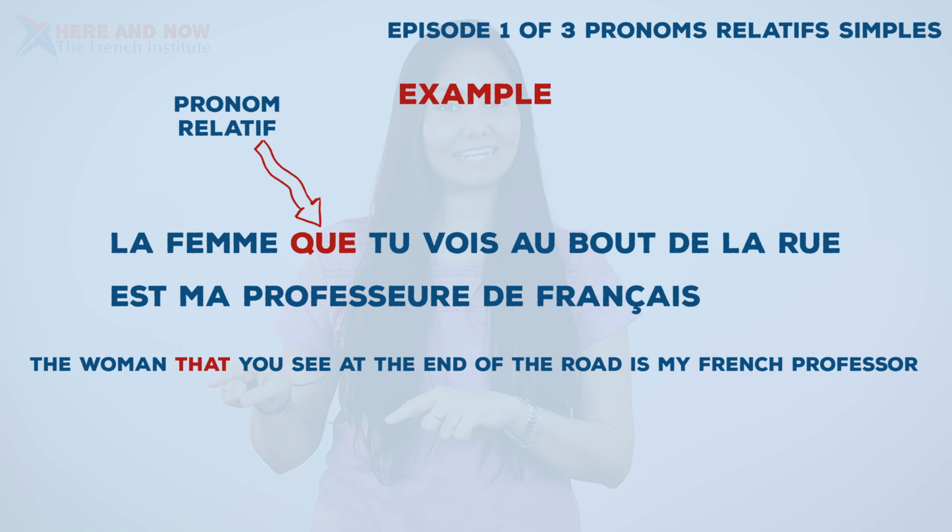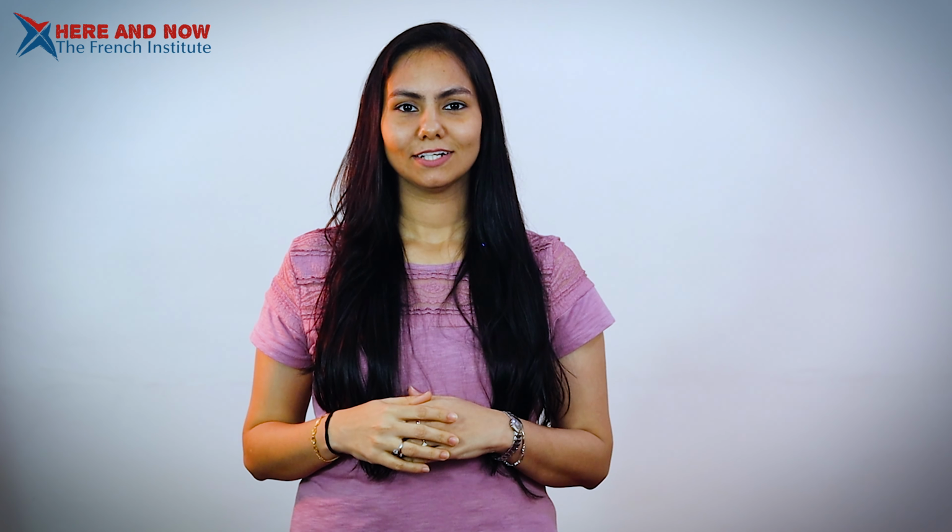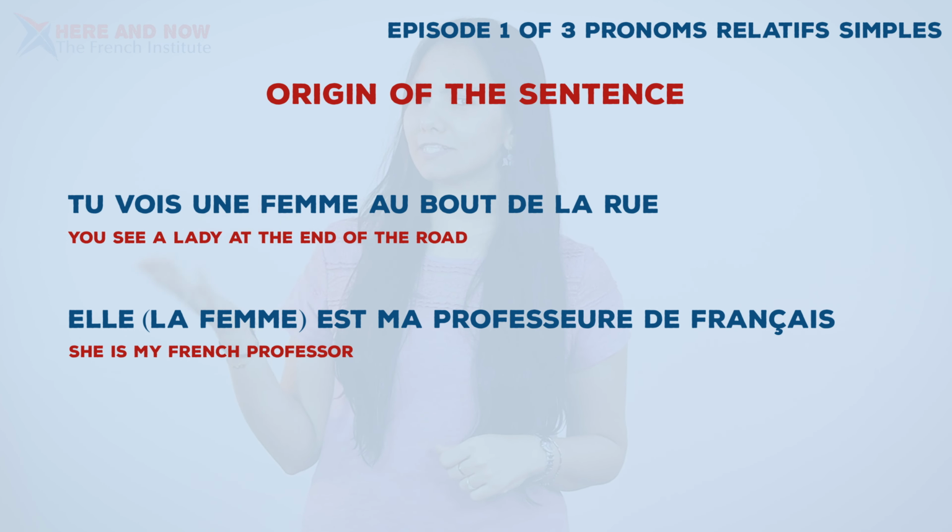Que in this sentence is a pronom relatif. Here, there are 2 sentences earlier which are joined together by using the pronom relatif que to form a single sentence. Let's get deep into it. Origin of the sentences. Tu vois une femme au bout de la rue?